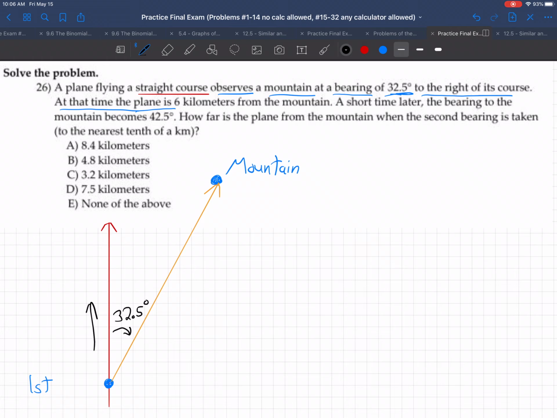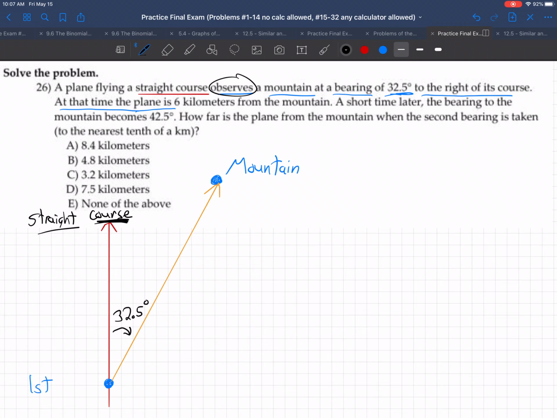Because the course is straight ahead, and that's to the right, isn't it? So the course is the red line. This is the direction the plane is headed, straight course. I'll write the straight here. So this is the straight course, the red line, and to the right of that, the person observes the mountain. They look and they see the mountain. It's 32.5 degrees to the right of their course, okay?